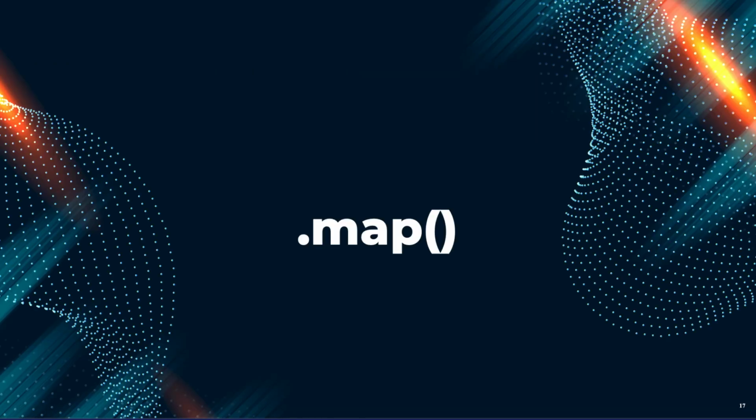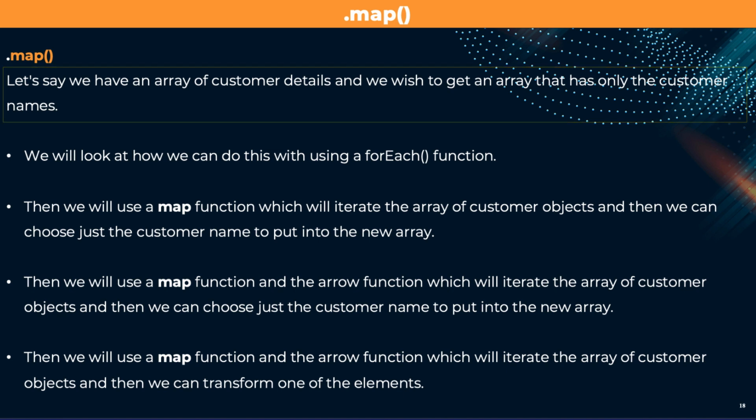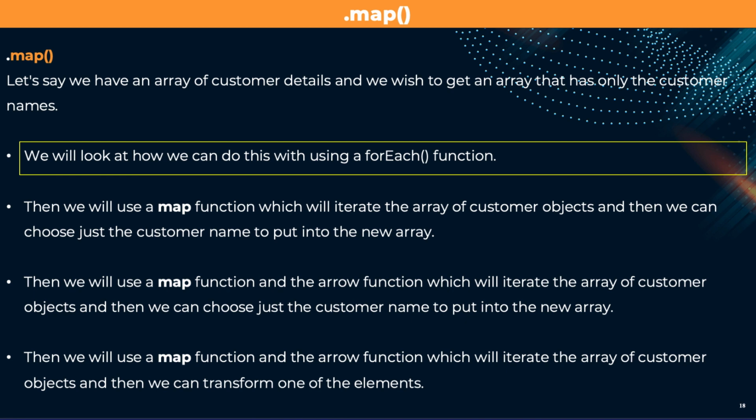So we'll take a look first of all at the map function. Let's say we have an array of customer details and we wish to get an array that has only the customer names. So we'll end up with the same number of items, but we only want the customer names. First, we'll look at how we would do this using a forEach function.